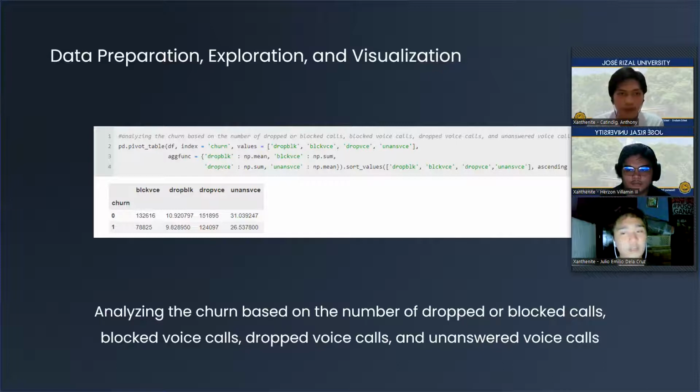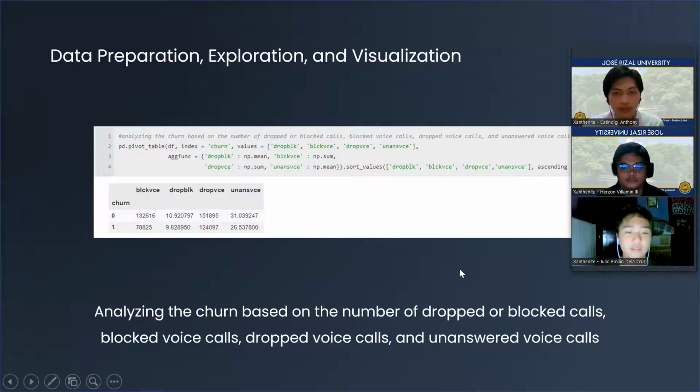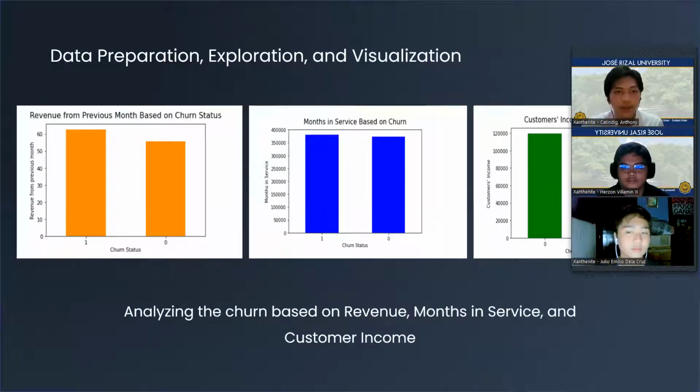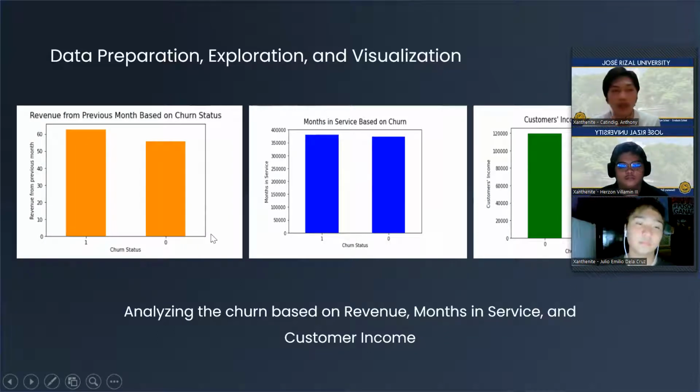Based on the pivot tables above, we saw that the proportion of customers who did not churn is lower even if voice calls are dropped, blocked, or unanswered. Based on the graphs above, for revenue from the previous month by churn status, those who have higher revenue churned.